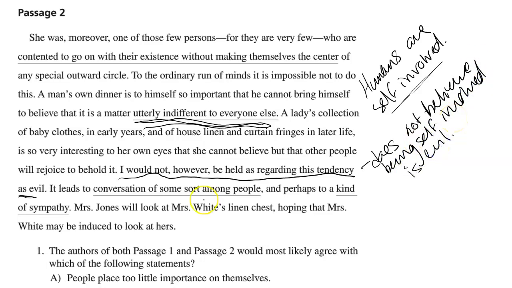It leads to conversation of some sort among people and perhaps to a kind of sympathy. Mrs. Jones will look at Mrs. White's linen chest, hoping that Mrs. White might be induced to look at hers.